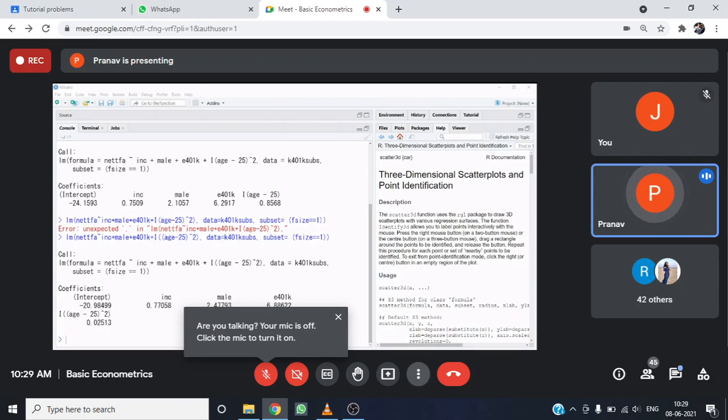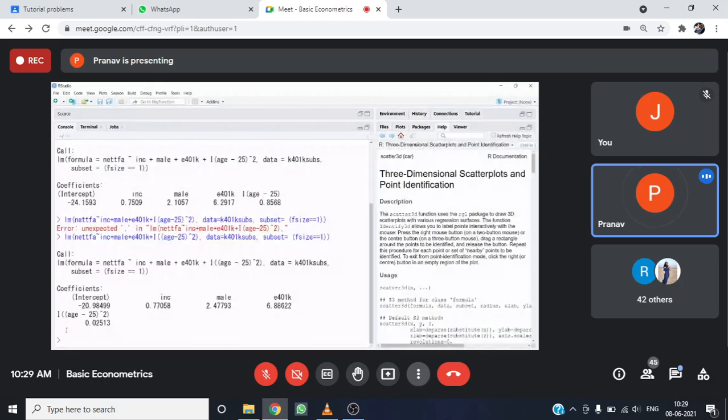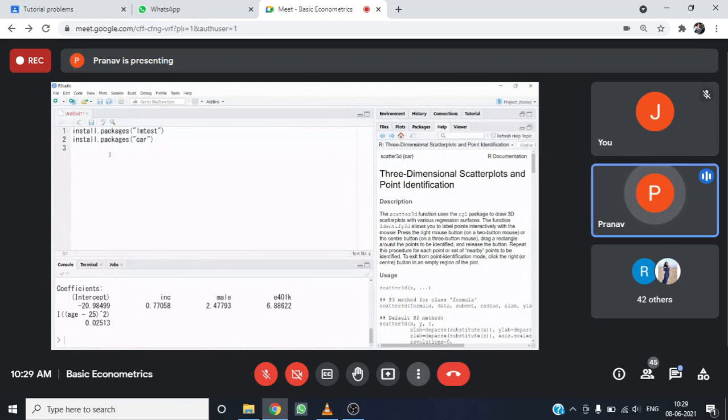So in order to have polynomial terms in the regression formula, you can also use, if you have trouble with I, poly of age minus 25. So this tells you the variable and how many, so raw is equal to 2. That is, I have to take the squared value. If you set raw equal to 3, it will give you the third degree function.